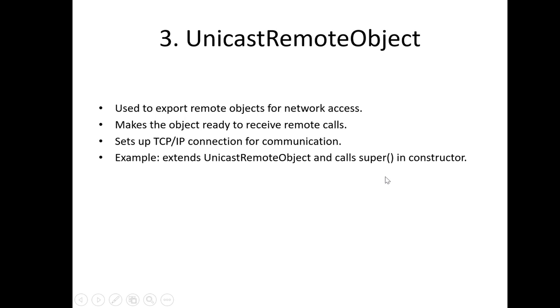If you are not using super, the object won't be connected to the network. So super has to be called inside the constructor. When we create a remote object, we have to create one constructor, and within the constructor you need to call the super method. That is the most important thing.